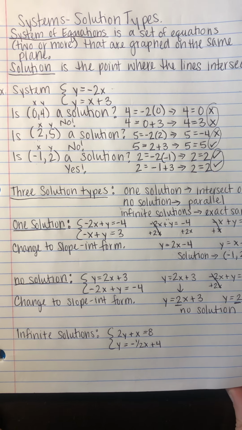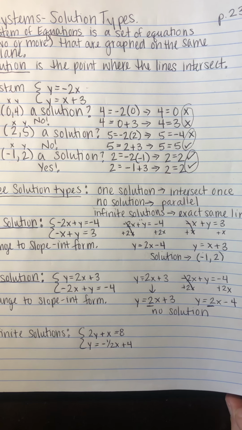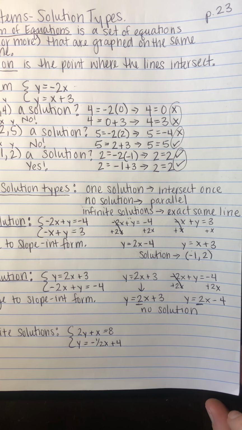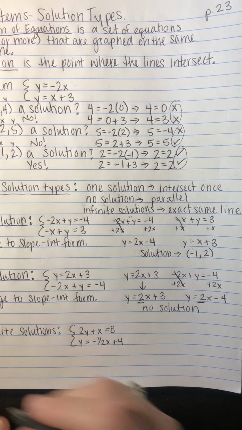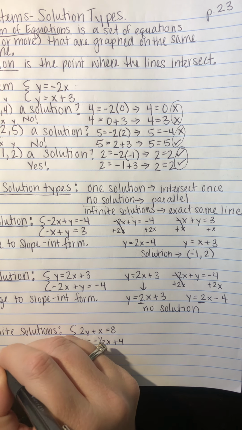In order for us to be able to compare them, we definitely do need, oops, sorry, I didn't realize you guys couldn't see all the way over there. There we go. In order for us to be able to compare, we do have to change them to slope-intercept. So again, that's going to be our first step.